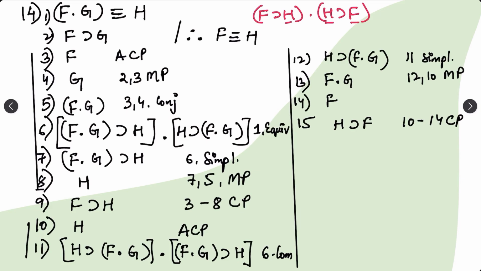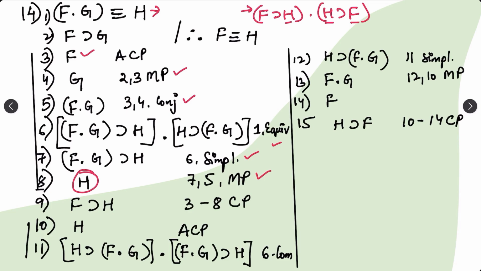Now let's take the first case, this one. F you assumed and after that used modus ponens, then conjunction. Now after this what you can do is open this by using the equivalence formula. You get F dot G horseshoe H and H horseshoe F dot G, and then simplification and then again modus ponens, and finally you get H over here.